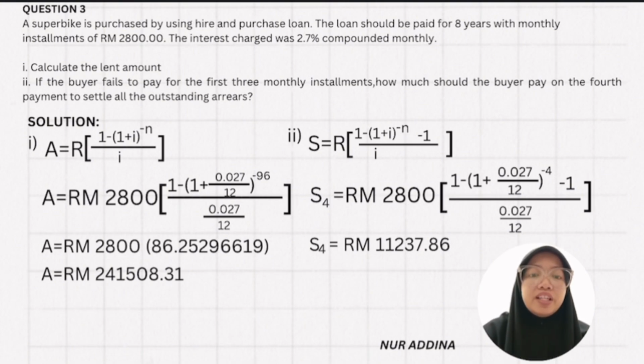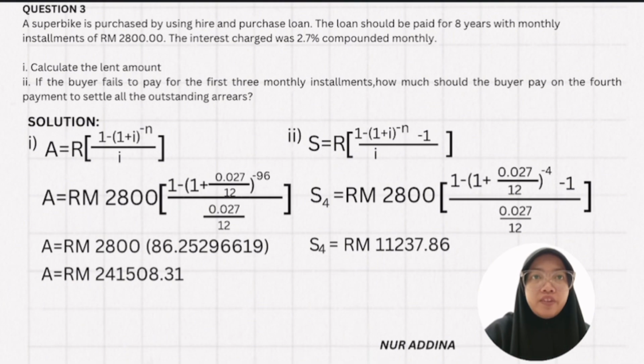Question 3b. If the buyer fails to pay the first 3 monthly installments, how much should the buyer pay on the fourth payment to settle all the outstanding arrears? For this question, we use the formula S = R[(1 + i)^n - 1] / i.